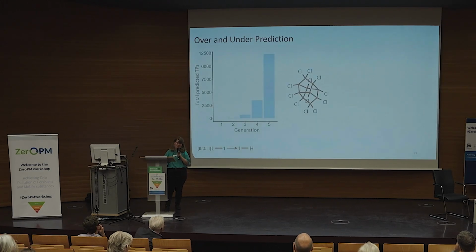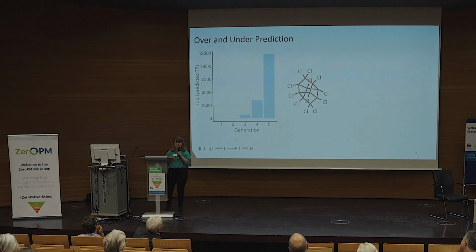But it's important to remember that these are predicted transformation products, and of course this comes with its own set of limitations. So one example of that is compounds like this one, Mirex, where we can see a lot of over-prediction happening, especially as we increase the number of generations of transformation product predictions.